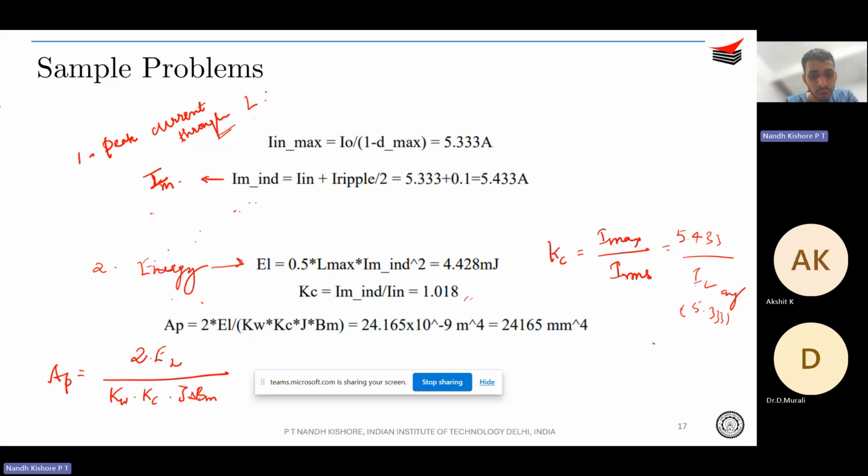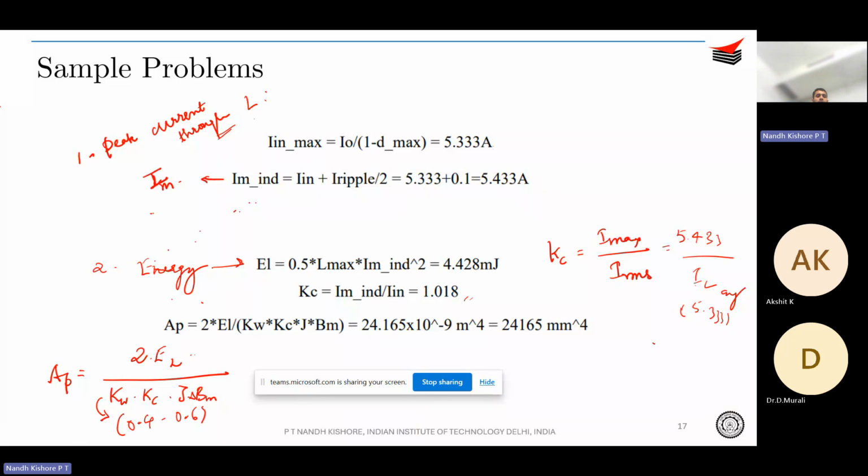EL is known, that is half L Im square. And what about your Kw? If you saw the lecture slides, it is the winding factor, accounting for the wastage that occurs in the coil windings, the insulation and the enamel. All of that results in poor utilization of the available area. So your winding factor is going to be around 0.4 to 0.6, and you can choose any value.